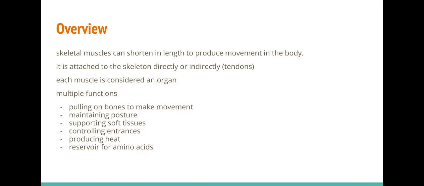As a whole, this skeletal muscle is going to play many roles and have many functions. One being to pull on bones to make movement of the skeletal joints, to help maintain posture, supporting and protecting soft tissues in the abdomen and pelvis, controlling entrances and exits of the digestive and urinary systems, producing heat to maintain internal body temperature, and serving as a reservoir for amino acids that can be used in times of poor nutrition.